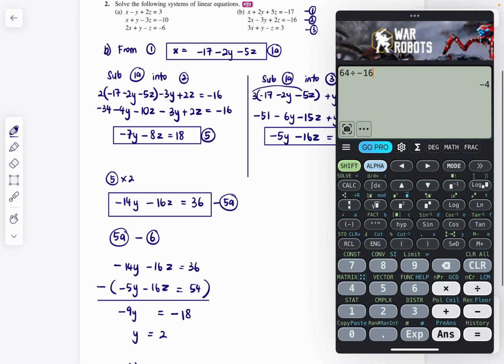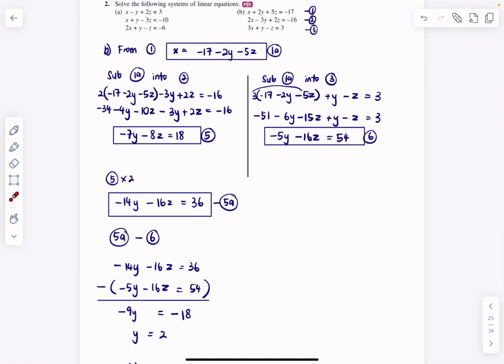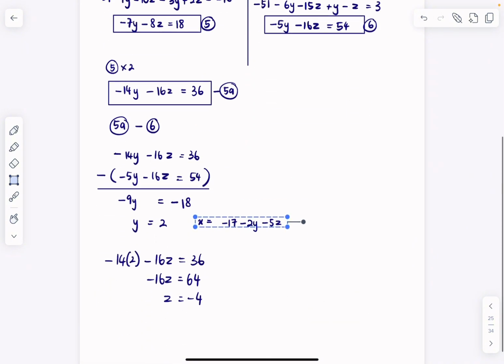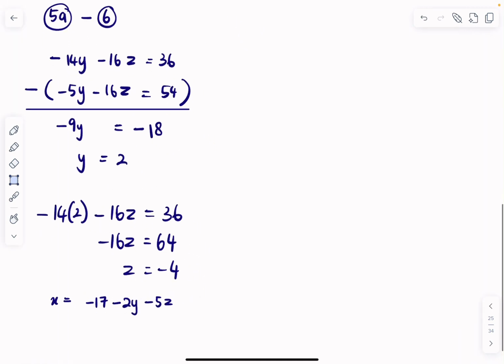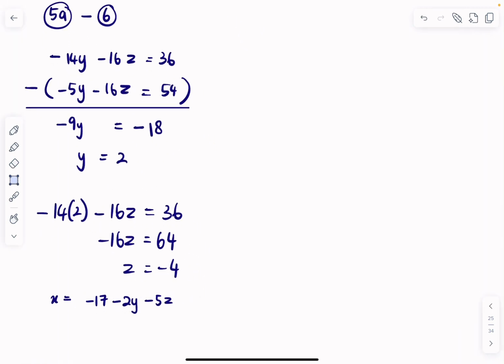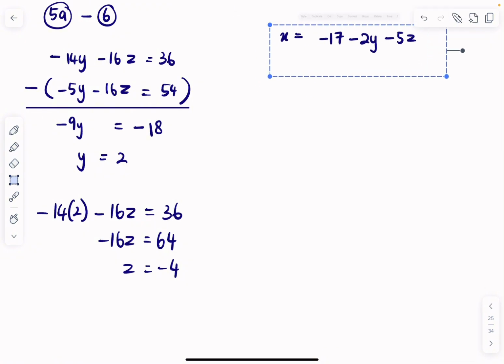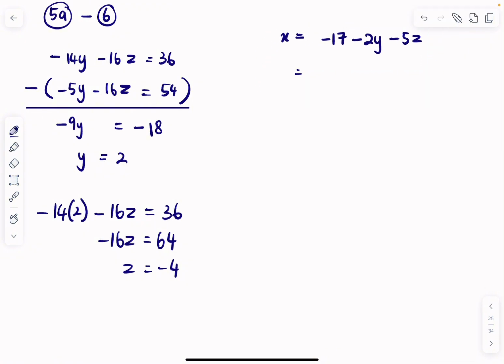Then we can sub inside here to find our x. So x is negative 17 minus 2 of y, which is 2, and then minus 5z, which is negative 4.